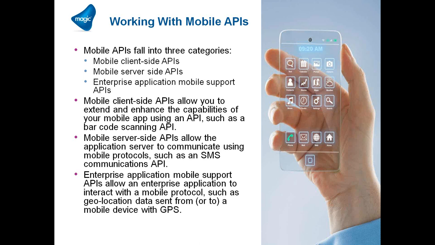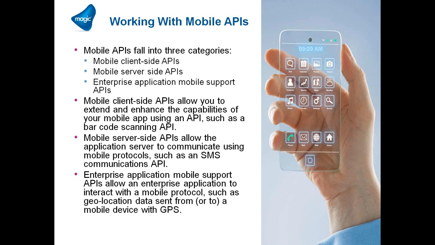Now, a mobile server-side API is an API that's really designed to help your server-side application to deal with things that are traditionally in the domain of mobile environments, such as an SMS communications API. SMS communications isn't something that most server environments have dealt with in the past, so sometimes there are APIs that just make it simpler for traditional enterprise server-side software that might be supporting your app to be able to deal with things like SMS.